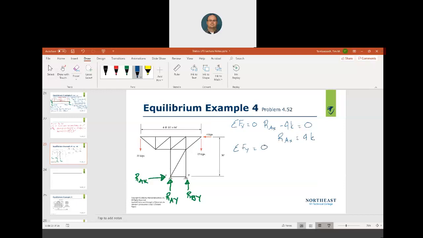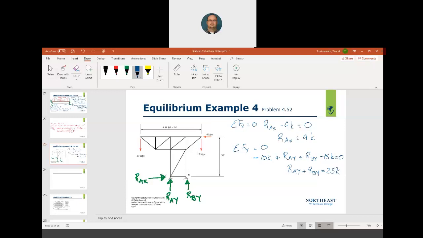Going from left to right, we have minus 10 kips plus RAY plus RBY, reaction at point B in the y direction, minus 15 kips equals 0. So when I reduce that, RAY plus RBY has to equal 25 kips, if I just do algebra.